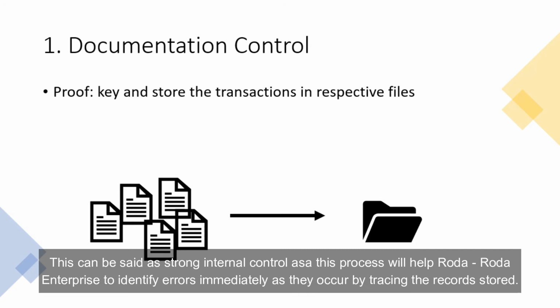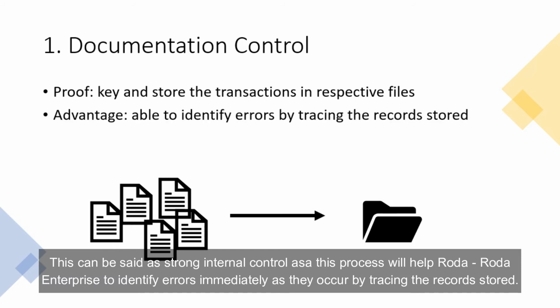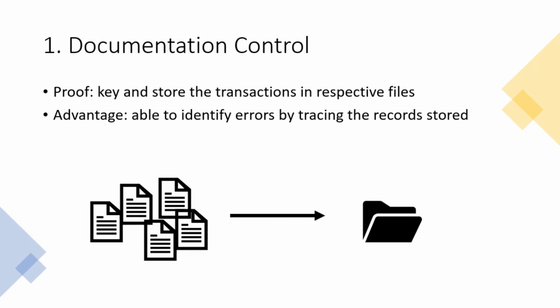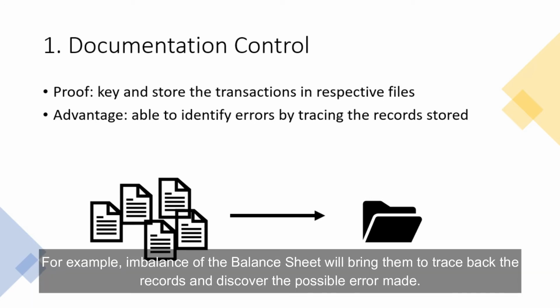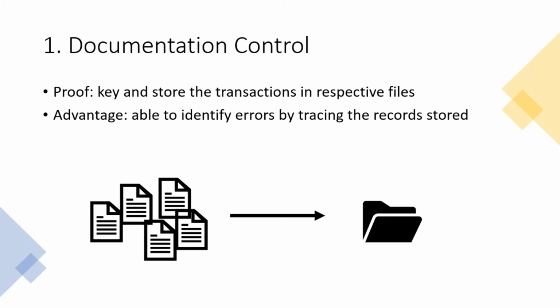This can be said as a strong internal control, as this process will help Roda-Roda Enterprise to identify errors immediately as they occur by tracing the records stored. For example, imbalance of the balance sheet will bring them to trace back the records and discover the possible error made.